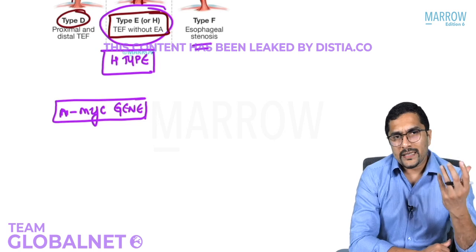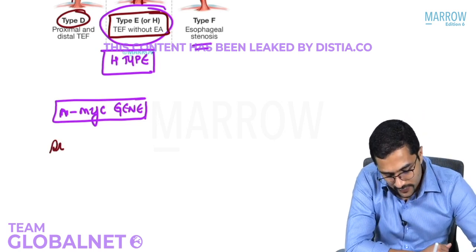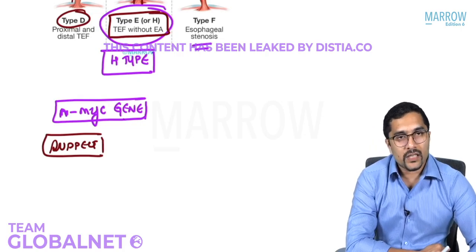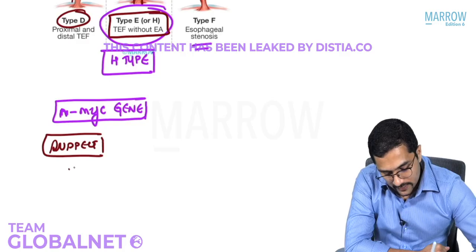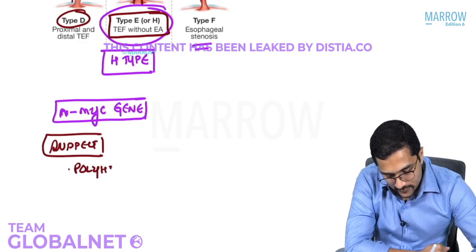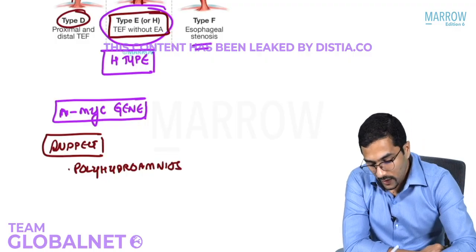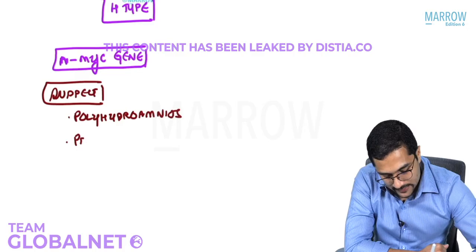Now, when do we suspect that there is a tracheoesophageal fistula? How do we suspect it? So the first thing which you should know, that mothers who are carrying children with tracheoesophageal fistulae, polyhydramnios can be there. Of course, in the prenatal scans, sometimes you can figure out abnormalities.